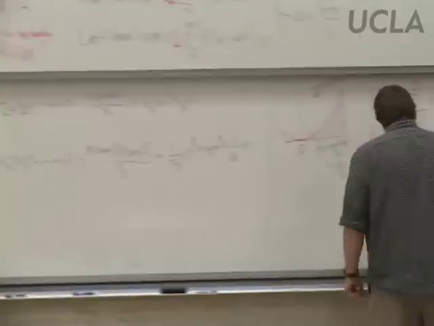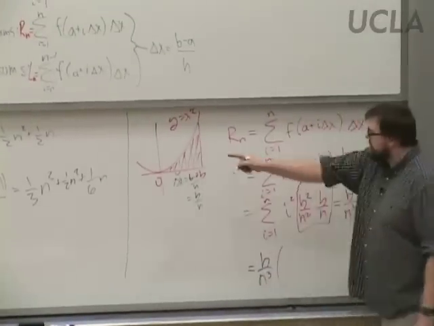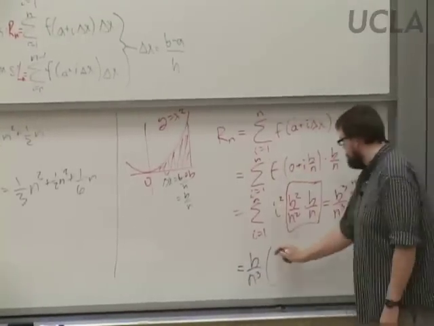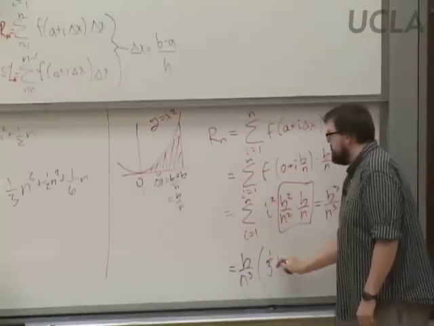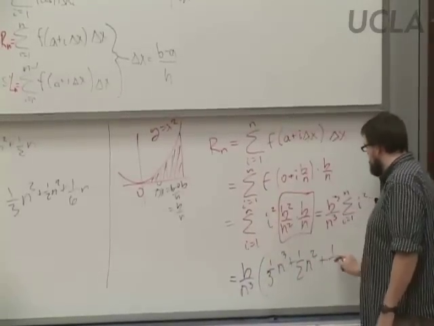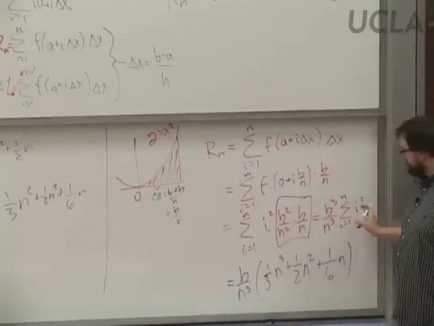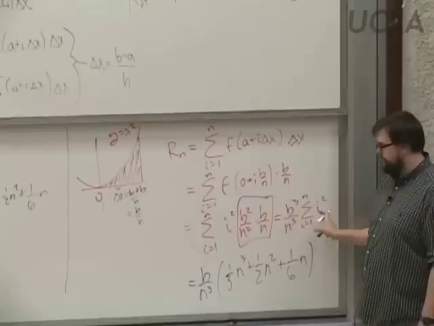And so what we have is b over n cubed times, and then I'm just going to copy what I have there, 1/3 n cubed plus 1/2 n squared plus 1/6 n. So all I did is I replaced what I knew this sum was.